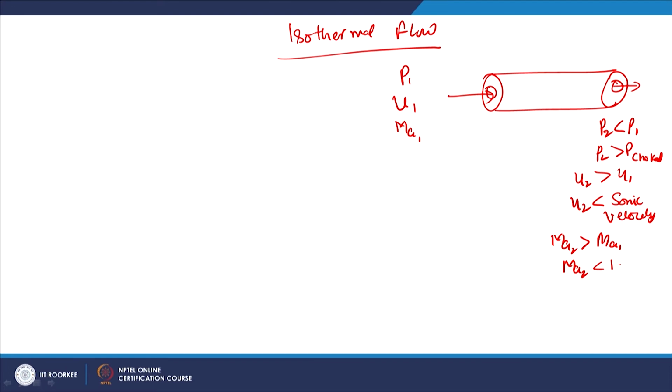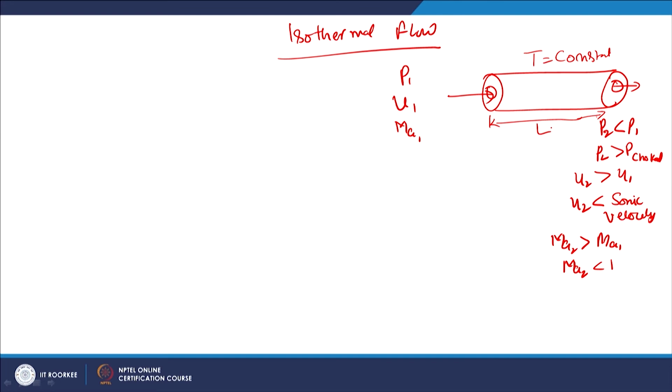So if we consider this type of aspect, then for the isothermal flow of a gas, T is constant. Let us consider the length L.